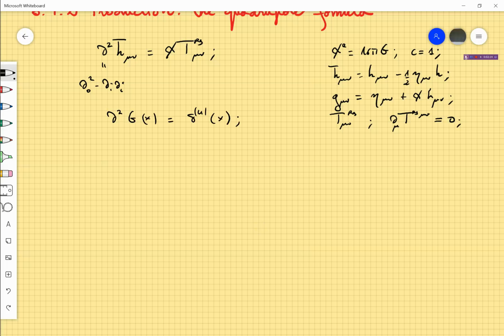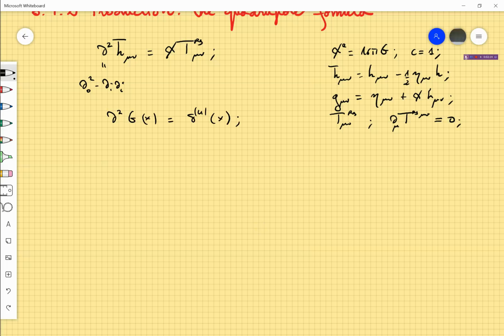This Green's function is a linear combination of two solutions of the equation. The most general Green's function is a linear combination, and these two main solutions are the so-called advanced and retarded Green's functions. One of them propagates signals to the future and the other to the past.